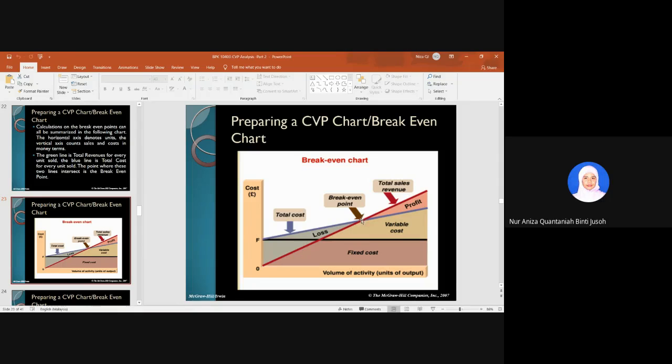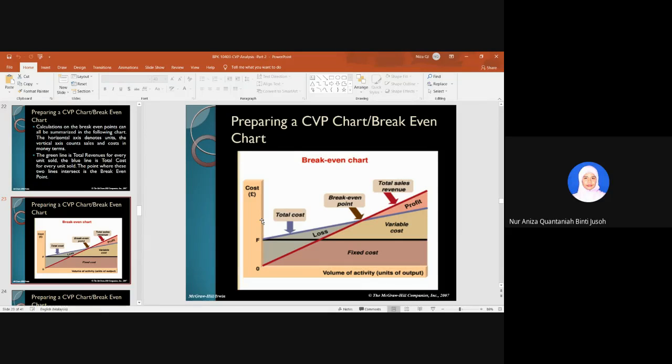You have already calculated that the break-even point will be 100,000 units, so dot it downwards. Put here 100,000, and the amount in dollars is 50,000. So dot here. This is the break-even point sales amount.